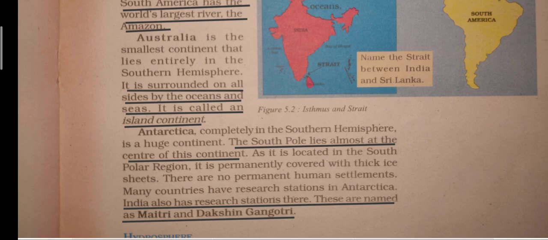So children, like Australia, Antarctica also lies completely in the southern hemisphere, and South Pole lies almost in the middle of Antarctica. So you have South Pole in the center of Antarctica.